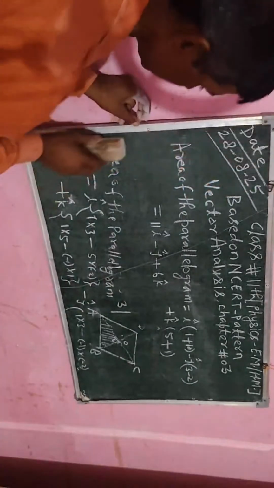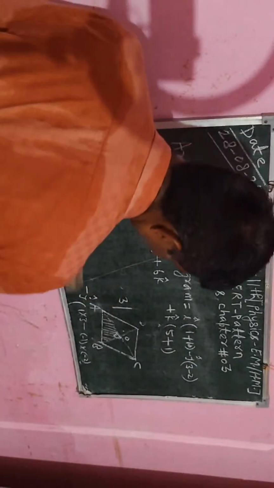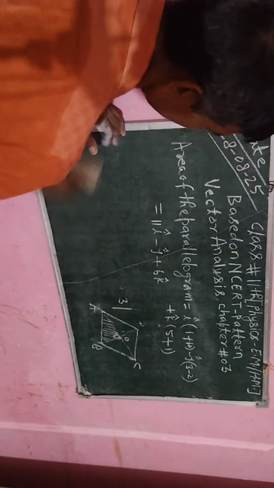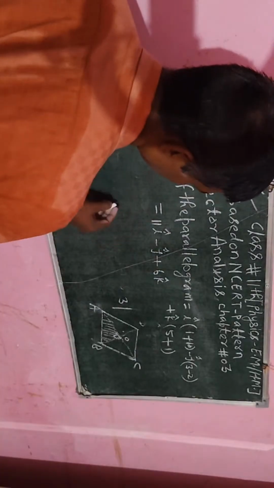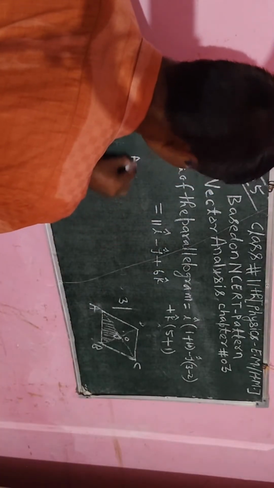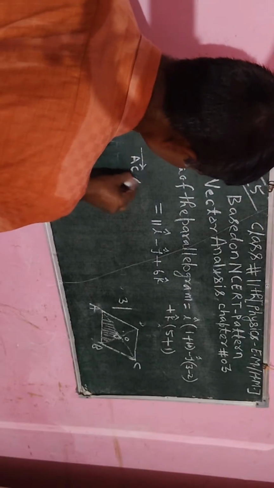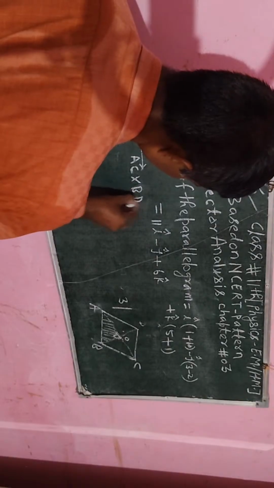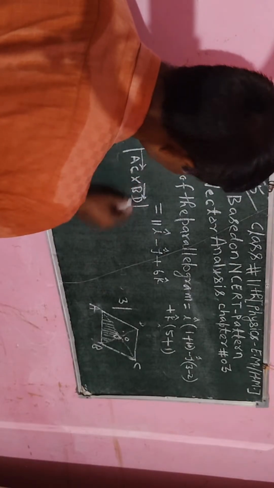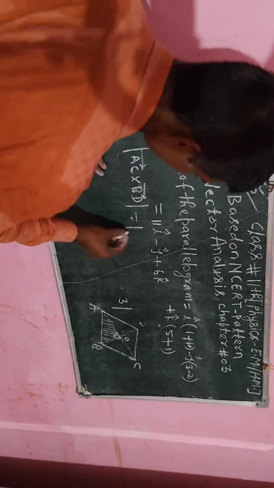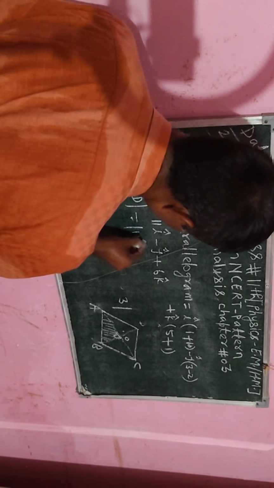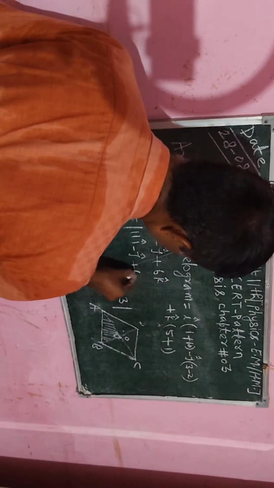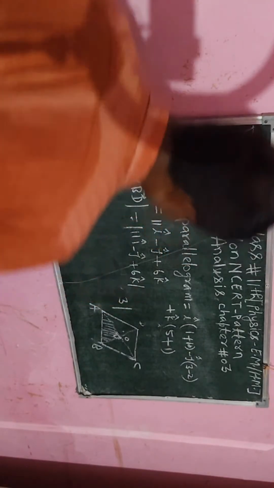Okay, now further I have to get its value in quantity. So I will take its magnitude, that is the magnitude of AC cross BD. I will take this magnitude of 11 vector i cap minus vector j cap plus 6 vector k cap.